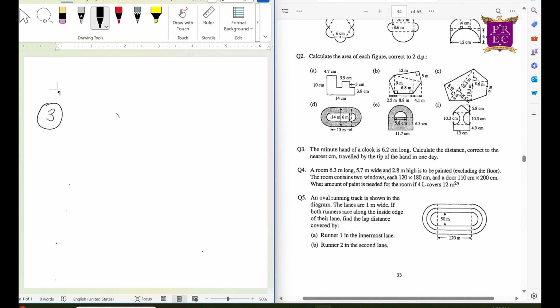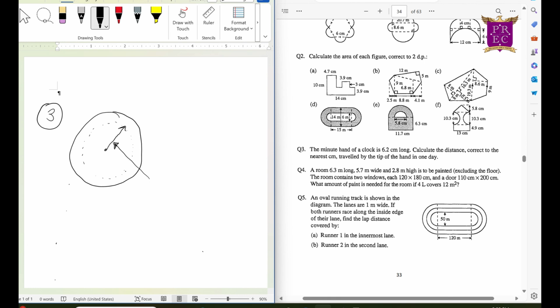Okay, so now we know that the minute hand is 6.2 centimeters long. If we have a look at a clock, the minute hand is right from the center to over here. So we're looking at the distance traveled by the minute hand. What do you think the minute hand represents here?